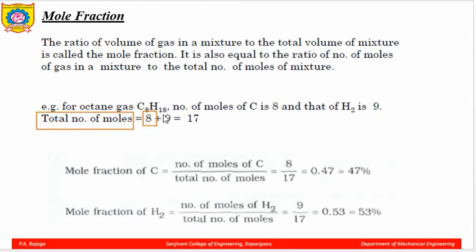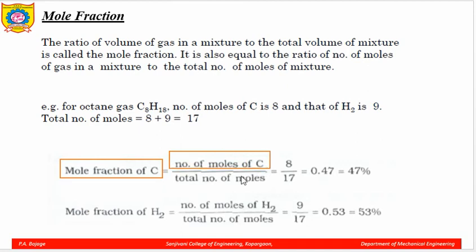Carbon 8 and hydrogen 9, so it comes out to be 17 in total. So, the mole fraction of carbon, by definition, is the number of moles of carbon upon the total number of moles, that is 8 upon 17, which comes out to be 0.47, that is 47%.